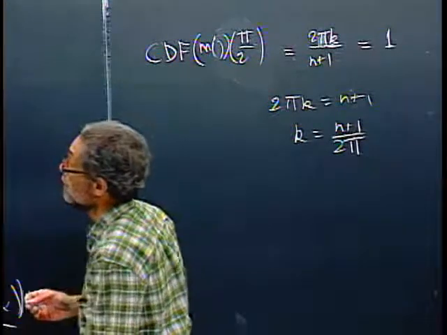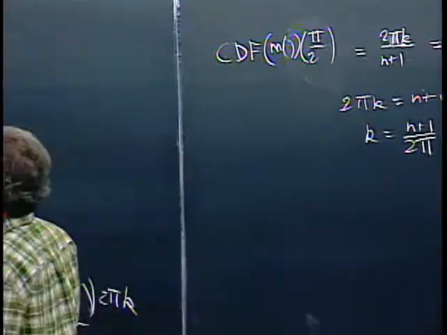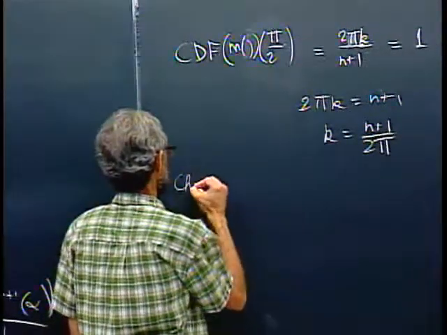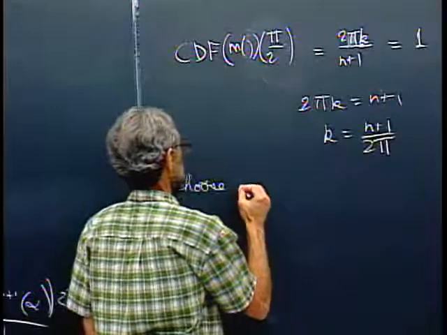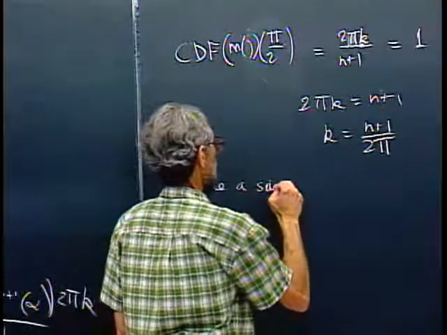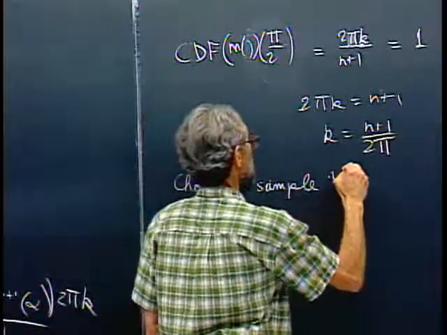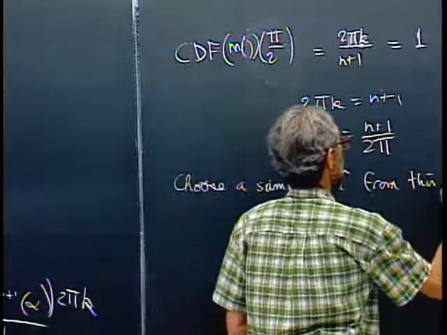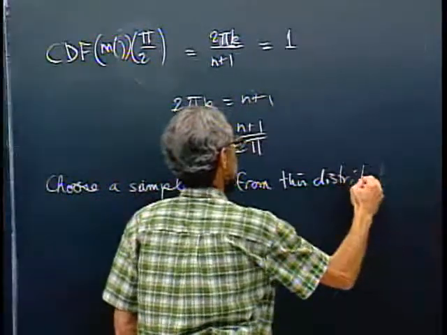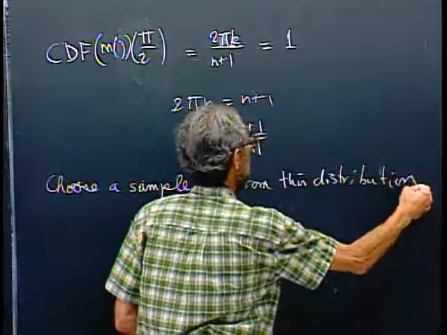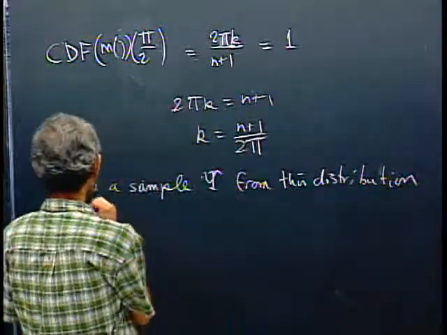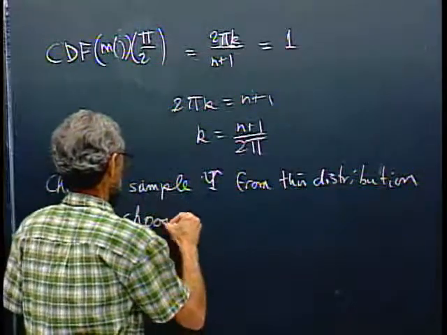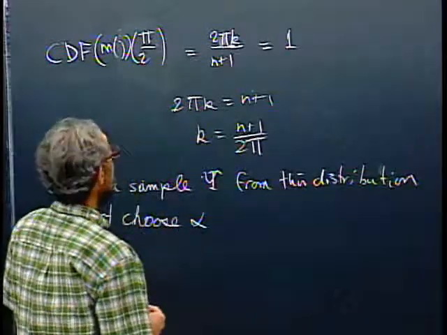So in terms of sampling, now we know what this k is. So really, what we're going to do is choose a sample psi from this distribution. And that means first choose alpha. Okay, so what do we want?